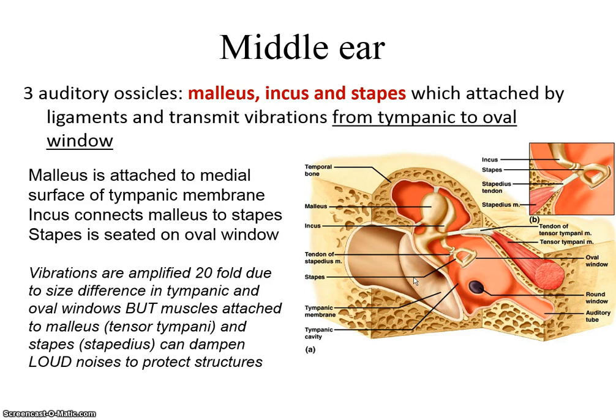All right, so the middle ear is also going to be responding to the energy and trying to transmit it. The auditory ossicles, the malleus, the incus, and the stapes, also known as the hammer, the anvil, and the stirrup, but we need to call them malleus, incus, and stapes, are connected to each other.